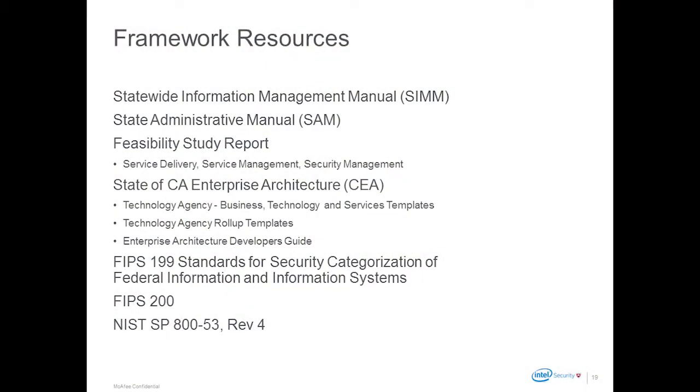So to your question, the framework resources that are available currently within the state include the SIM, the SAM, and a feasibility study report template that helps document some of the service resource management requirements and the security management requirements. Is there a system owner? Has the system owner classified the data?